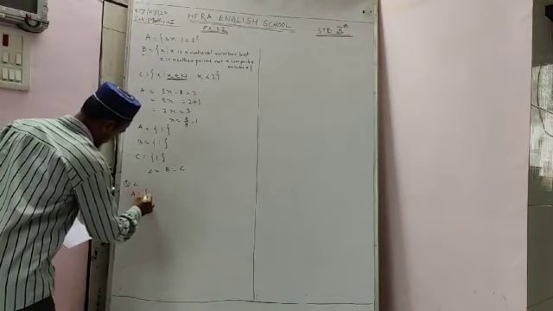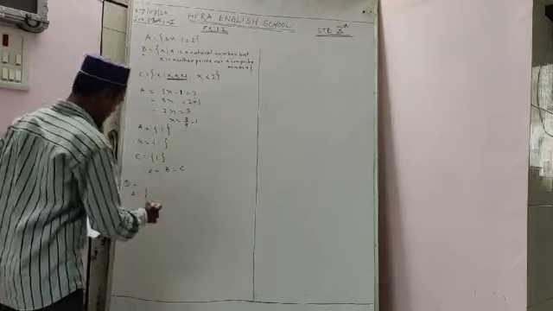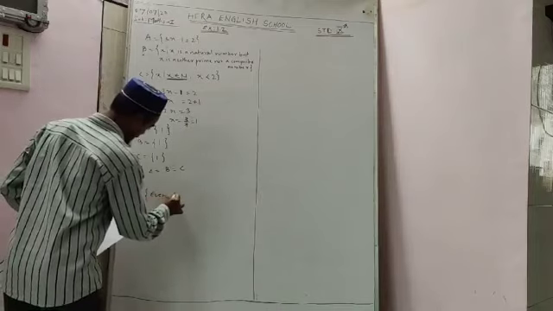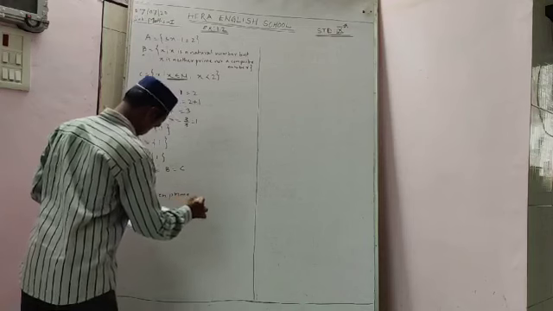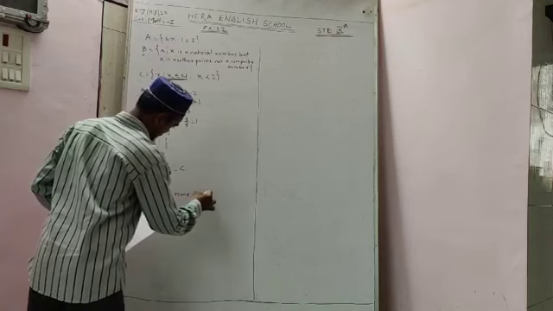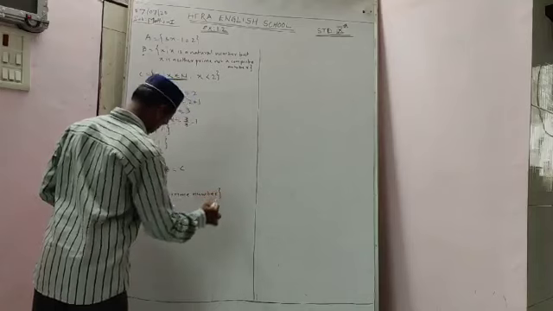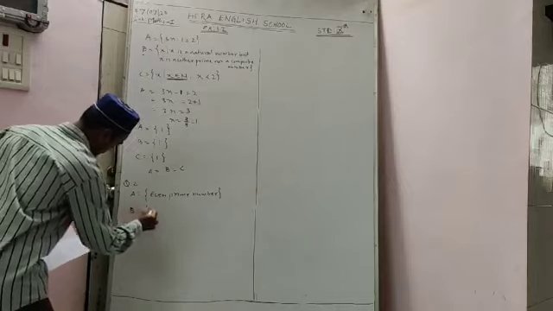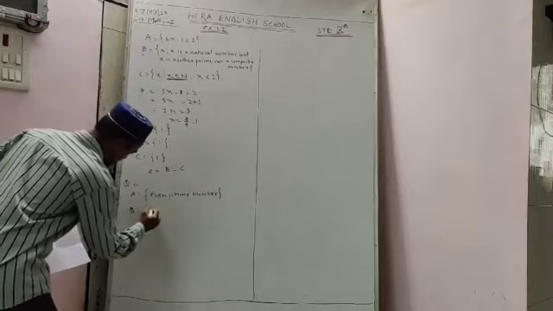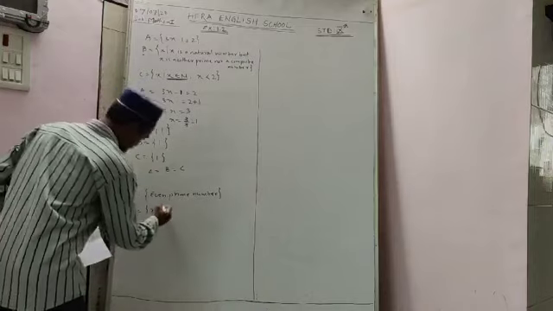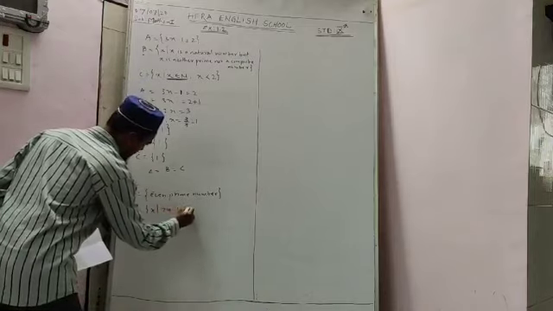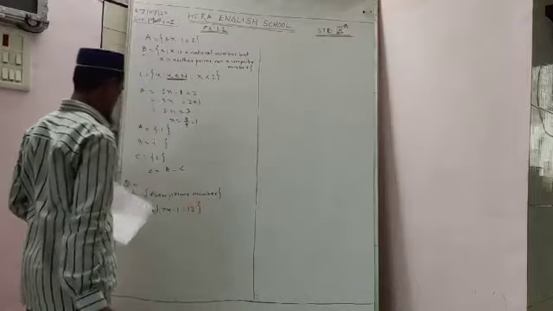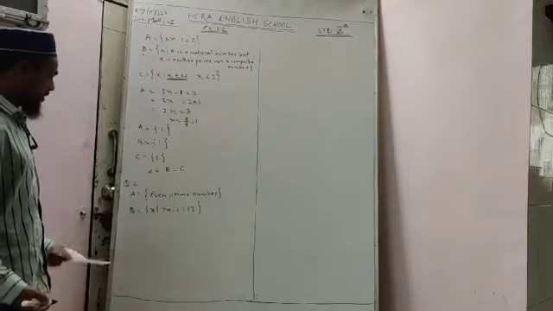Now set A is even prime number, and set B, in set B we have x such that 7x minus 1 is equal to 13, curly bracket close. Both the sets we will solve, we will clear the statement whatever we have given.